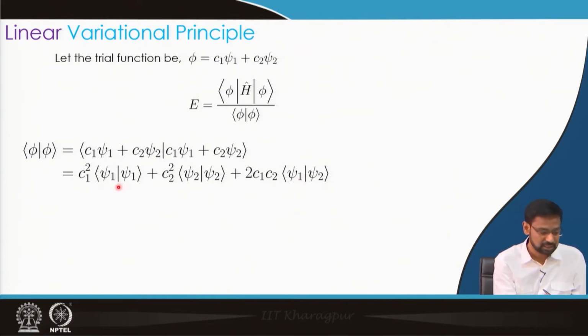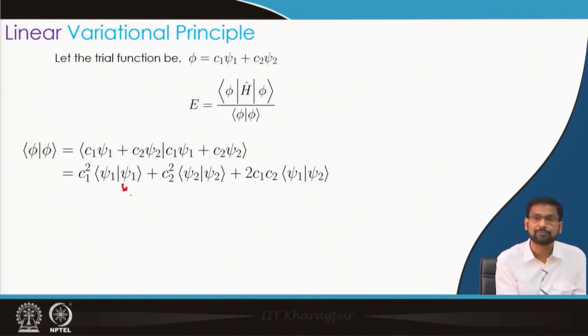Now, what do I see here? I see that I have to evaluate the overlap of the function psi1, the known function that I am starting with, with itself, similarly psi2, and then the overlap between psi1 and psi2. Mind you, this psi1 and psi2 I already know, so I should be able to evaluate these integrals. Now, we will give some names to these integrals.